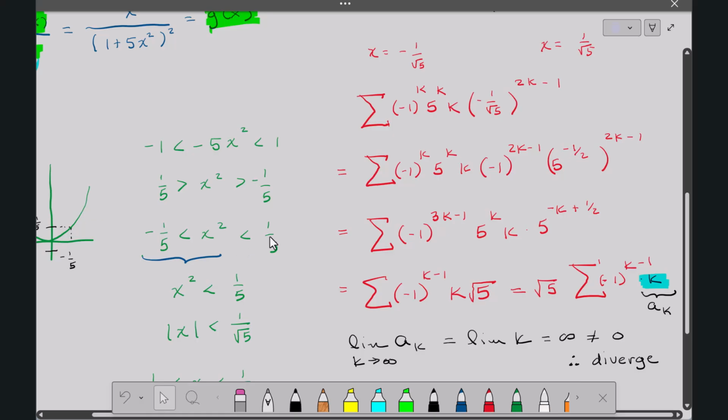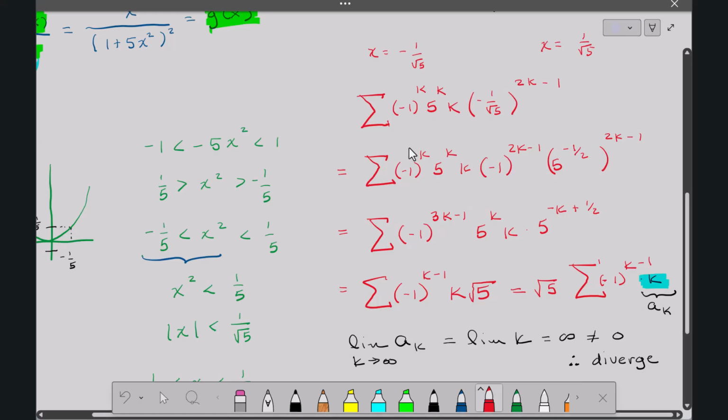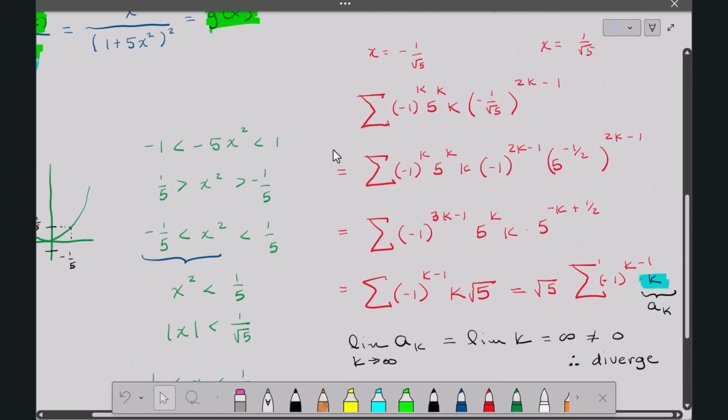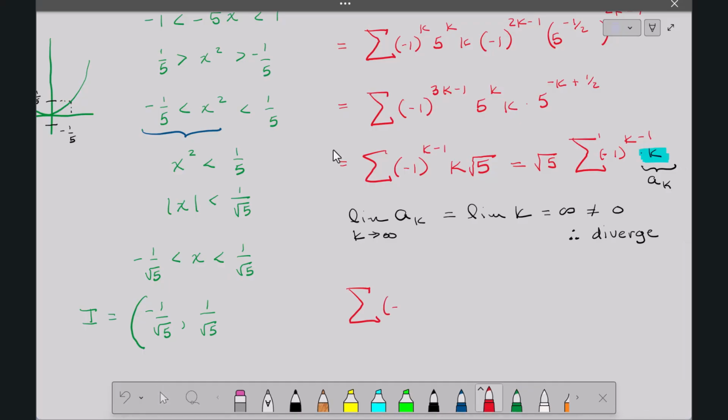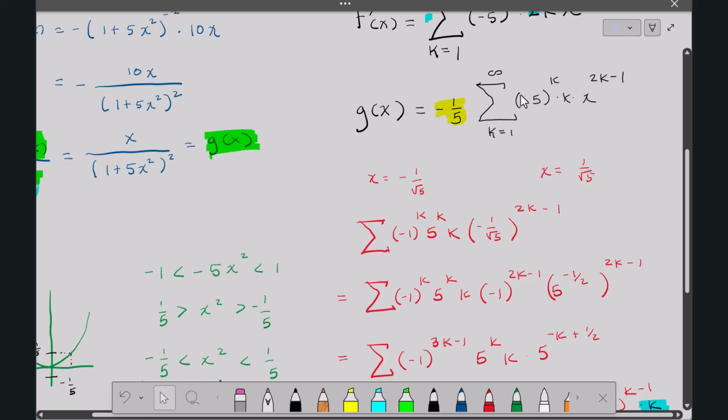Now we have to go through the test at the right endpoint. So the right endpoint is 1 over root 5. So we're going to replace the x with 1 over root 5. So let's go ahead and do that. For the second endpoint, we're going to have negative 1 to the k. So we're essentially plugging it in back up here.